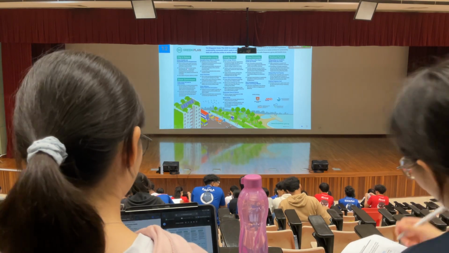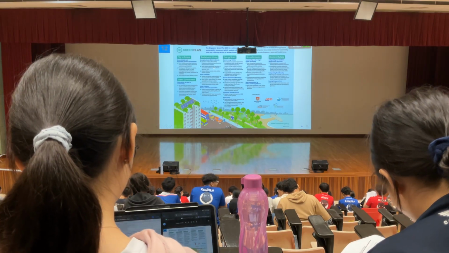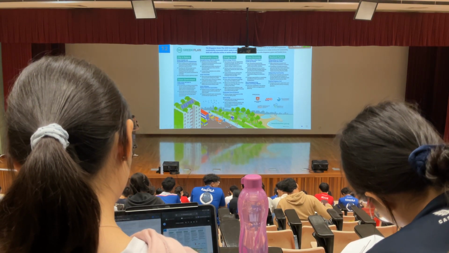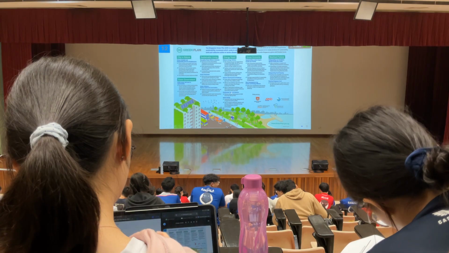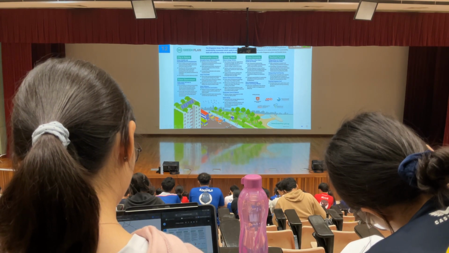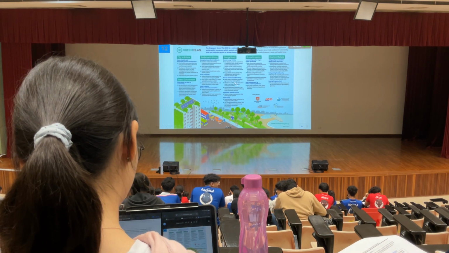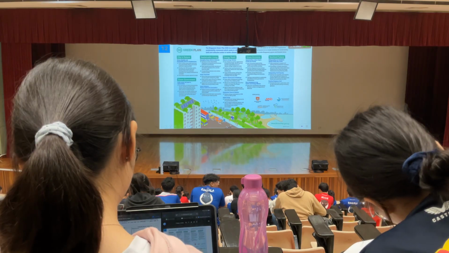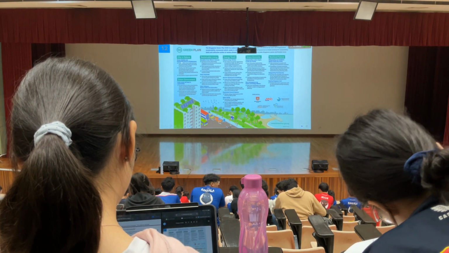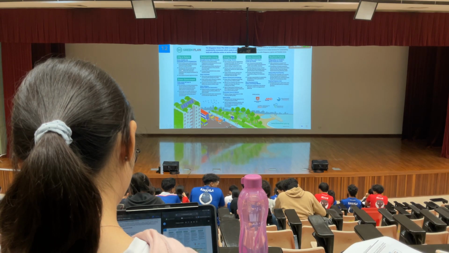There are basically 5 key pillars here: City in Nature, Sustainable Living, Energy Reset, Green Economy, and Resilient Future. I'll just read out some of the examples given to you here. These are some of the key targets that our government tries to achieve to make Singapore a green and livable place for all of us, to achieve sustainable development. For example, the government plans to plant 1 million more trees.